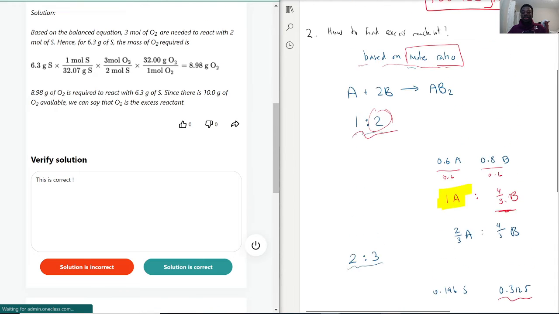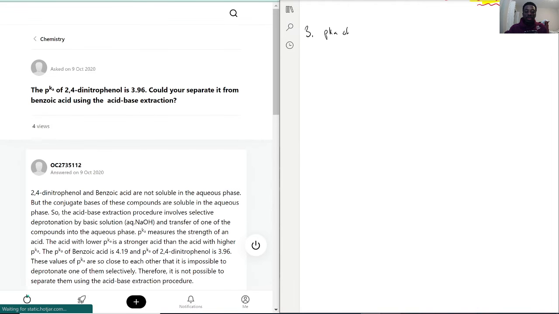And now let's move on to question number 3. So for question 3, we have the pKa of 2,4-dinitrophenol is 3.96.